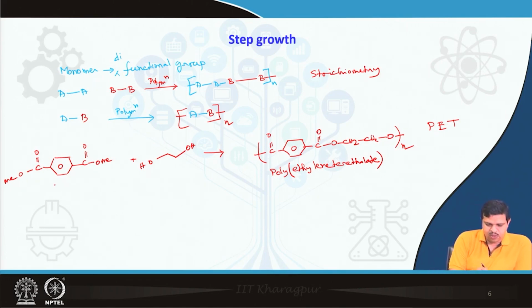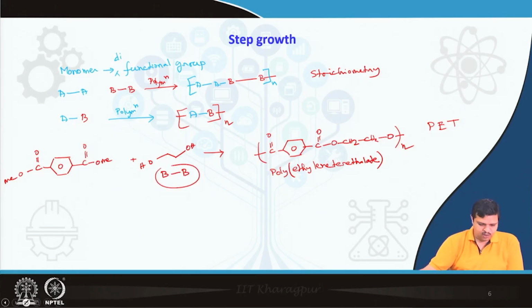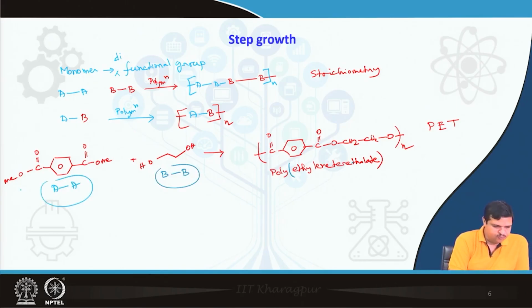Obviously, you can regard this as the BB type monomer, like this one, and this is the AA type monomer, like that one, fine.